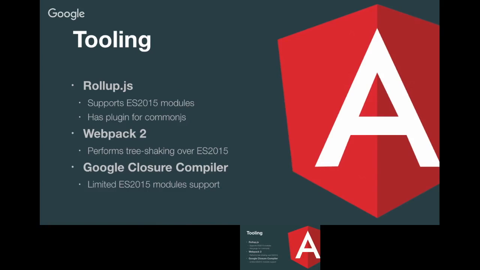Google Closure Compiler has been around for a while, and it has partial support for ES 2015 modules. Unfortunately, it doesn't support export star right now. However, hopefully it is going to be inside Google Closure Compiler in the next couple of months.